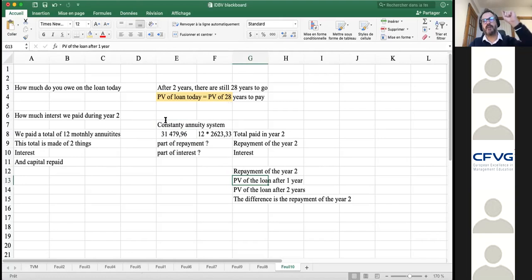Well, you calculate the present value of the loan after 1 year, you calculate the present value of the loan after 2 years, and the difference will be the amount you repay during the year. So you can put it here. And once you have this one, well, the interest will be the difference because the 31,479 that you have is made of only two things, interest and capital repaid. So once you find the capital repaid, you can deduce the interest.